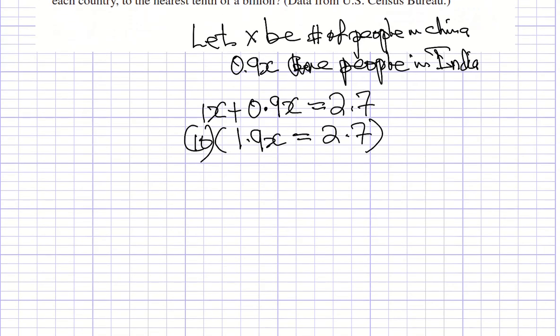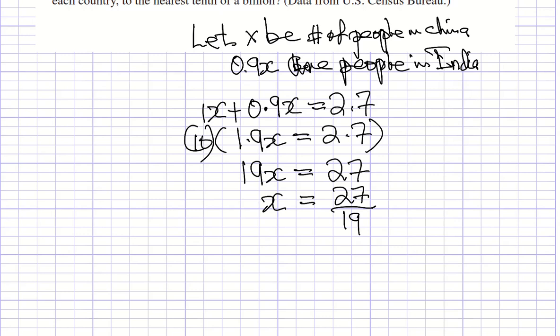Then you get 19x equals 27 billion, okay? And then for x, you get rid of the 19 on the left by dividing by 19, so you get 27 divided by 19. That's what you get there.